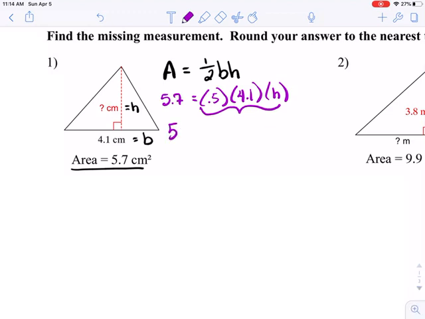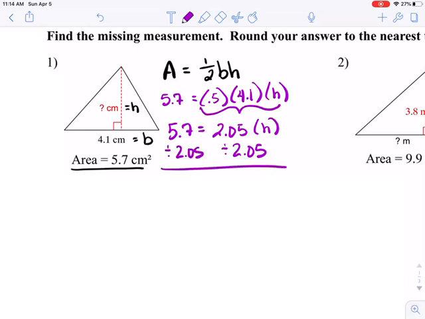So my next step is to say 5.7 equals what 4.1 times 0.5 is. And that's 2.05 times the height. I divide both sides by 2.05, just like I would when I solve any equation.